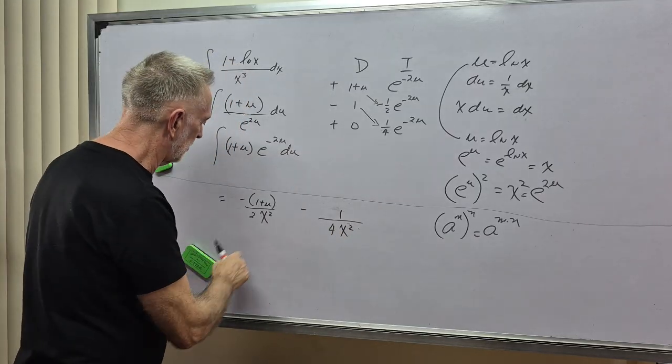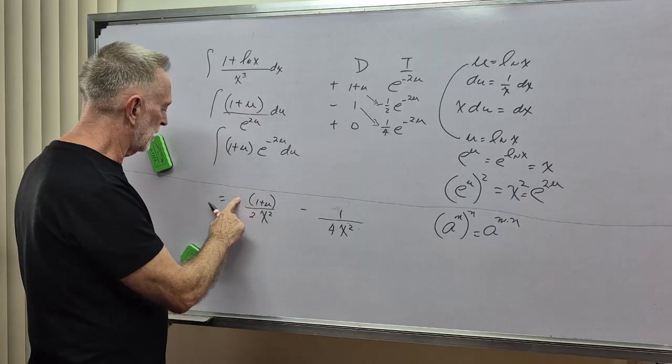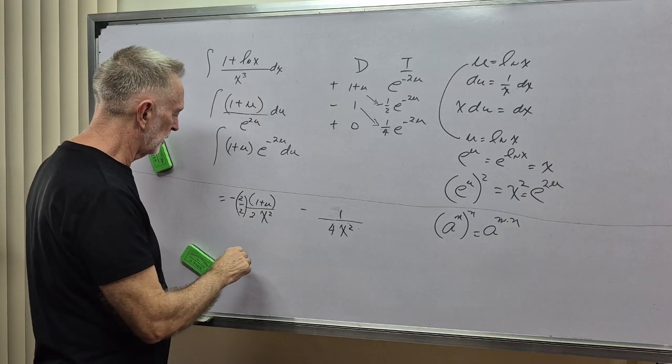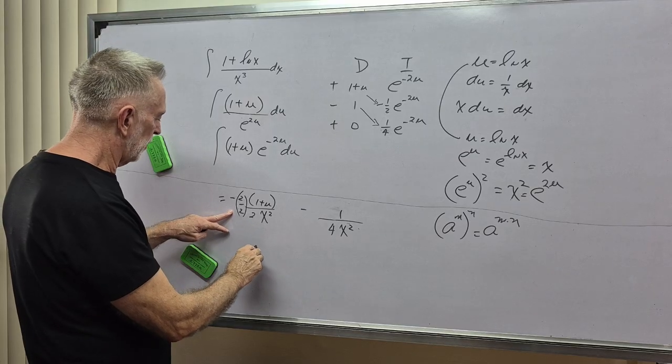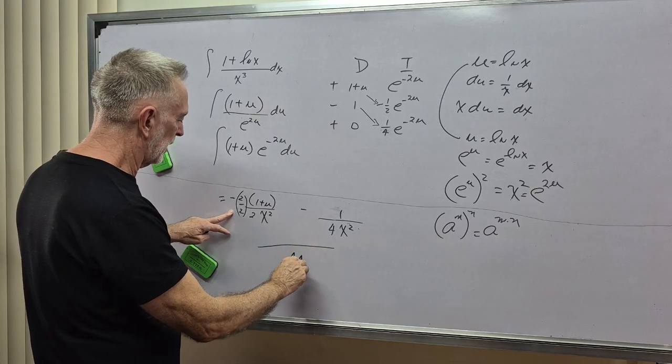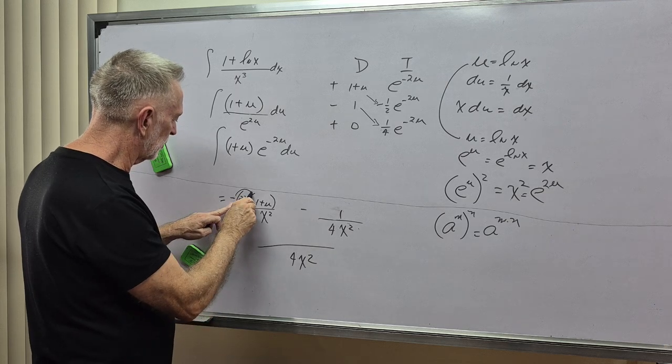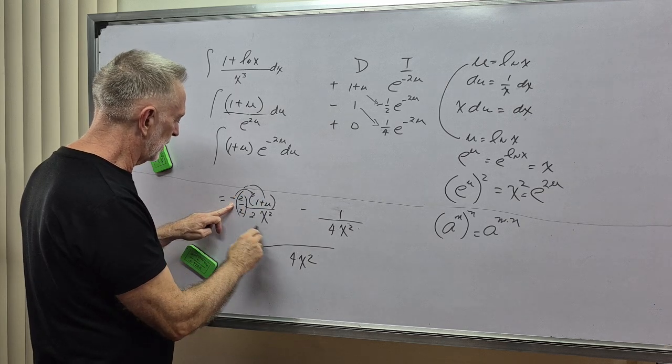But I need to get a common denominator, so I need to multiply this guy by 2 over 2. So now everything is over 4x squared. So I have negative 2. I'm going to distribute that to the inside.